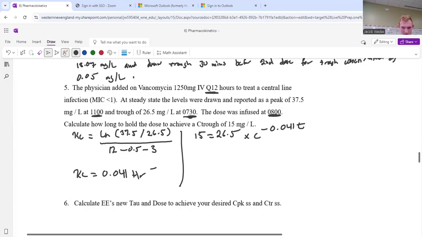Yeah, I don't understand. All right, so the way that you do this is 15 divided by 26.5, so you get 0.57 equals e to the negative 0.041 t. And then to undo this, you have to take the natural log of both sides, ln.